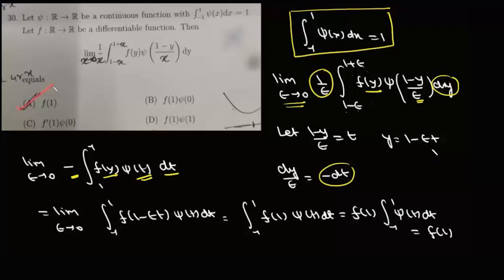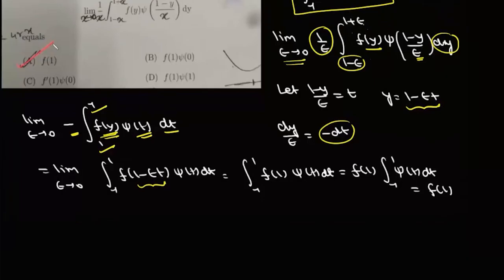And we need to change the limits also. So when y is 1 minus epsilon, it'll be 1 minus epsilon upon epsilon, so it'll be this plus 1. And when it is 1 plus epsilon, it'll be minus 1. So we'll change the limits and consume this minus sign. So it'll be this minus 1 to 1, f of 1 minus epsilon t psi of t dt.